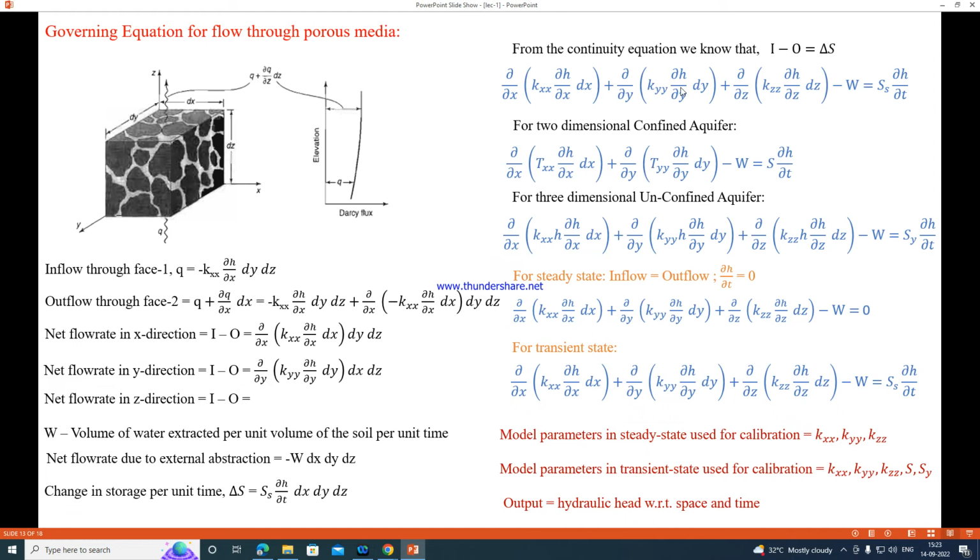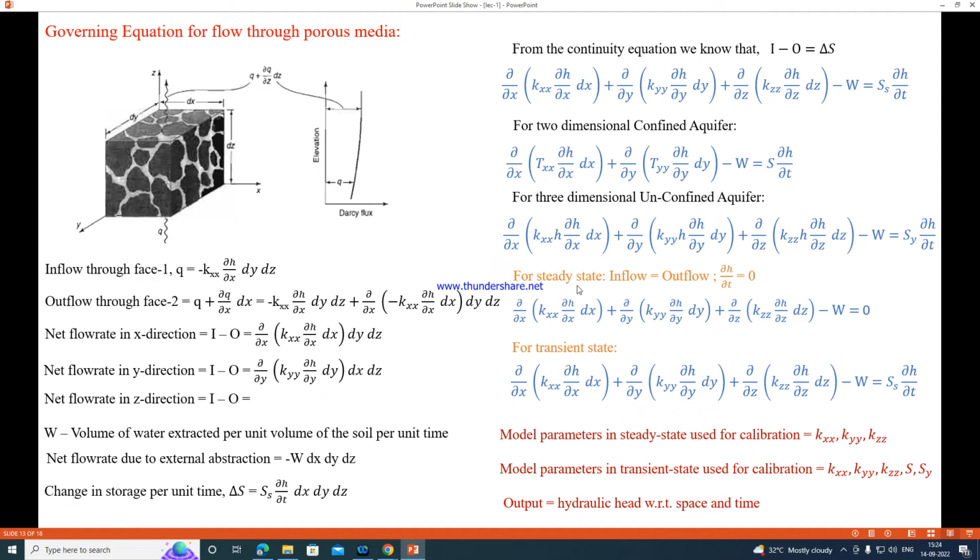Kyy into b means transmissibility in the y direction, and Ss into b means storativity. When you consider an unconfined aquifer, it becomes Kxx into h, where h is the depth of the saturated zone from the water table to the impervious layer.